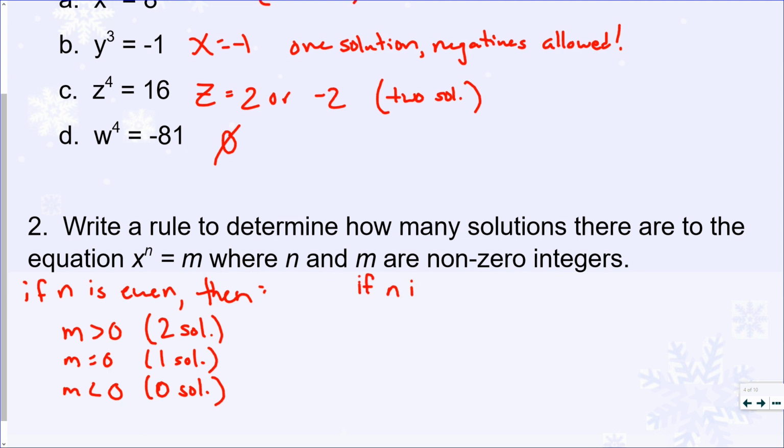If n is odd. Now, in this particular case, it's pretty similar, but we only really have the difference at 0. In all cases of n, 1 solution.